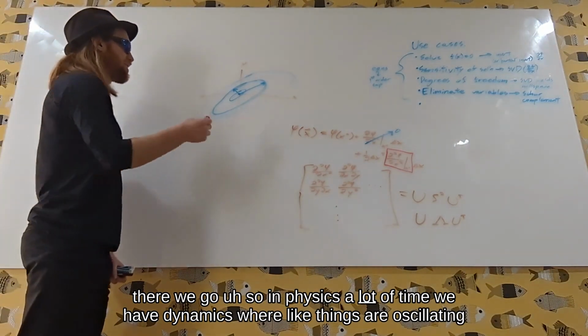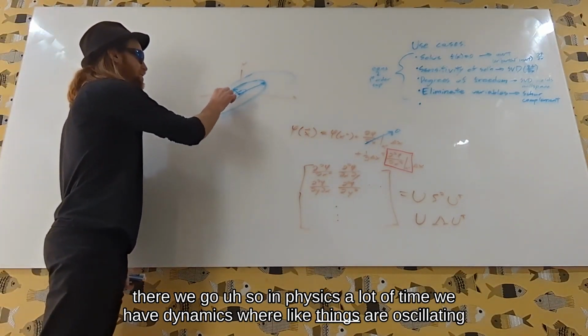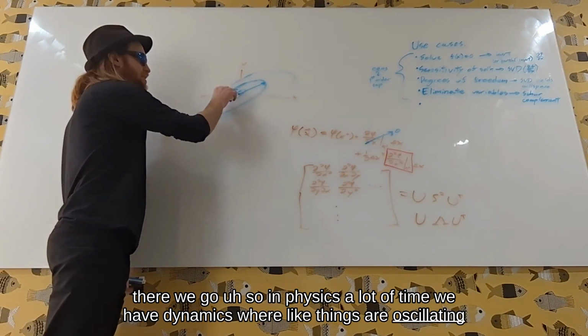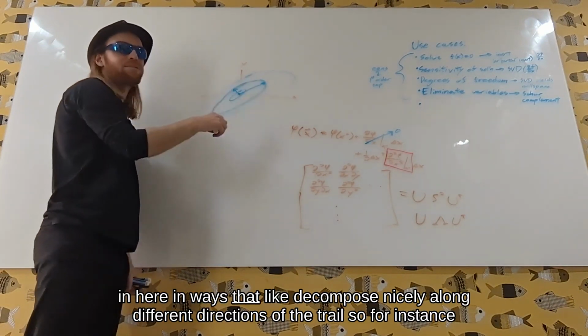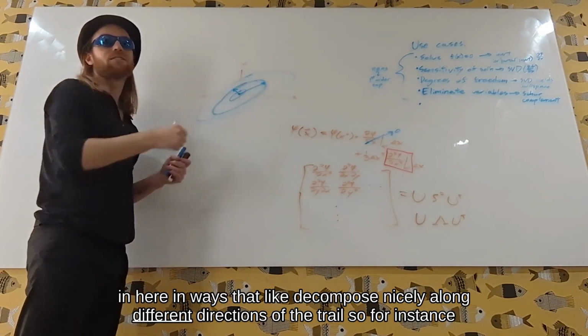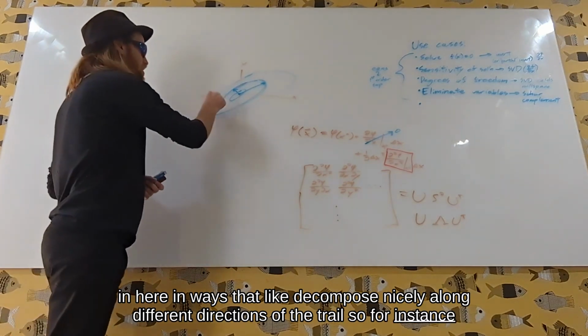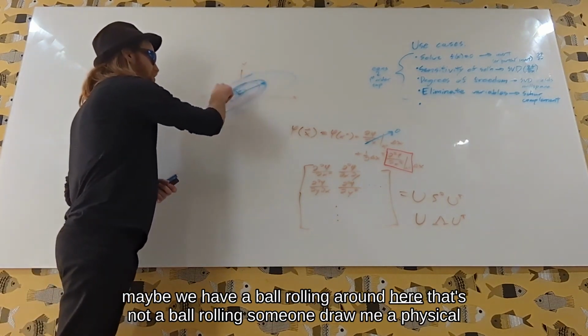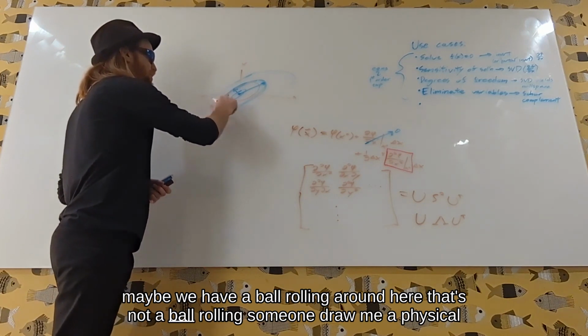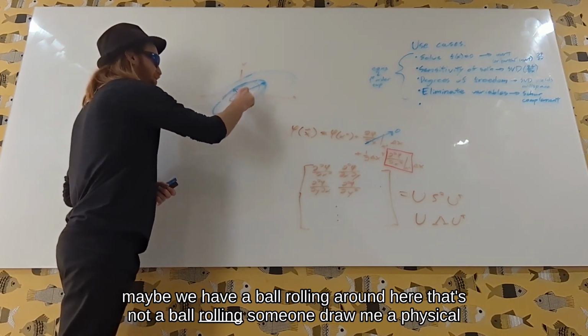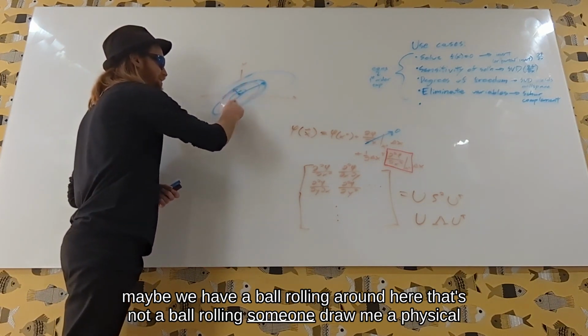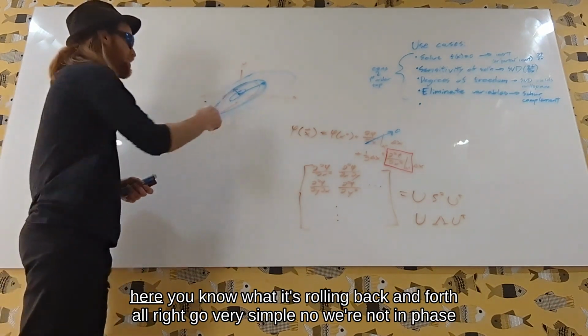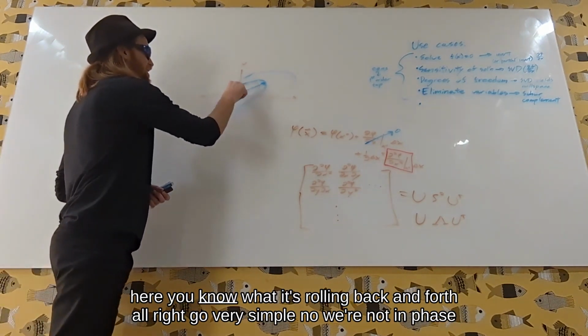So in physics, a lot of the time we have dynamics where things are oscillating in ways that decompose nicely along different directions of the trough. So for instance, maybe we have a ball rolling around here. That's not a ball, sorry. Someone draw me a physical way that a ball would roll here. You know what?